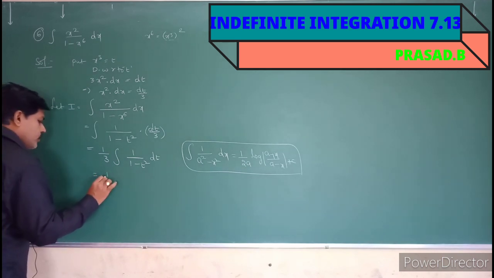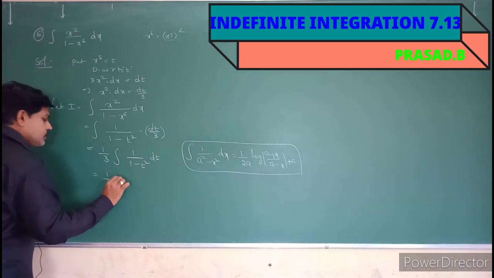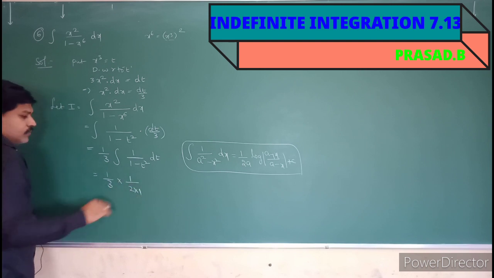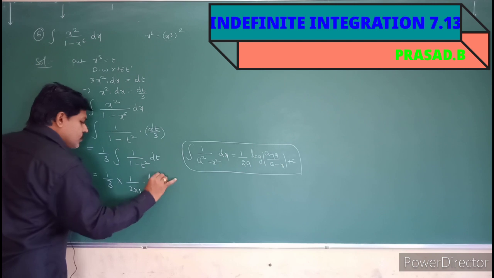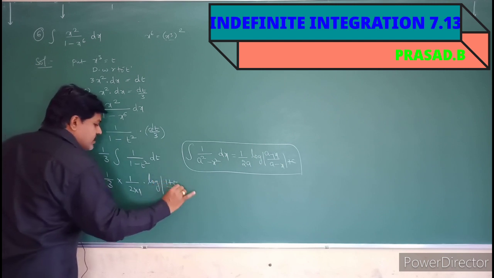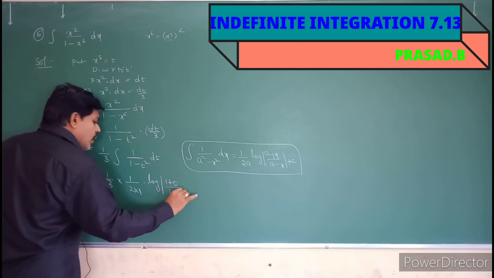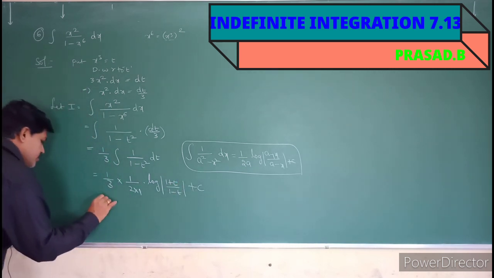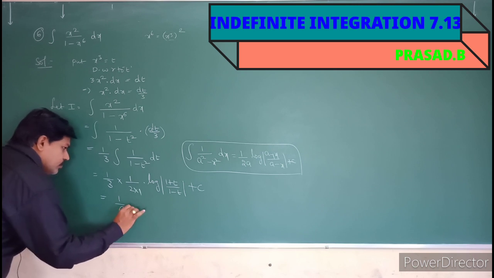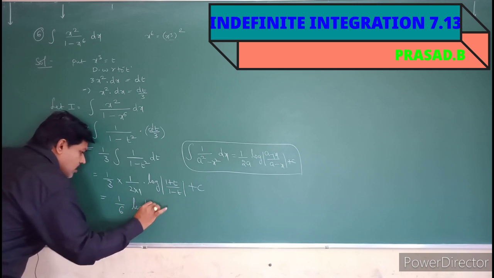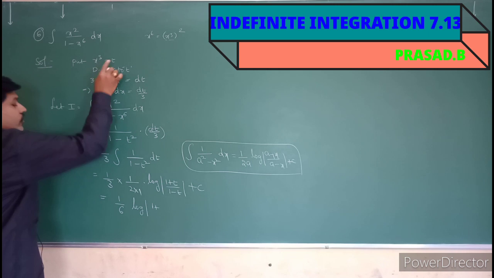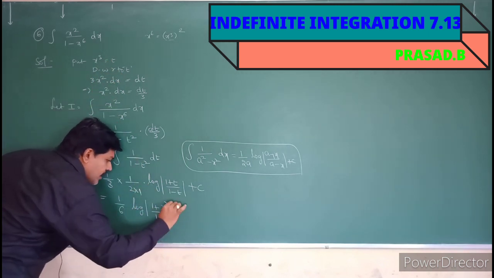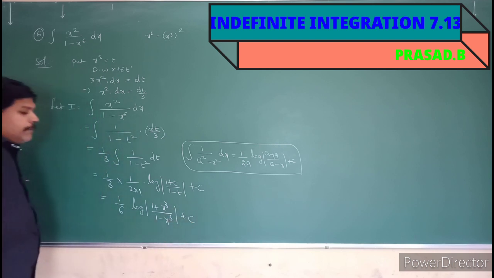That is equal to 1 by 3 into 1 by 2 into, a value is 1, into log of mod 1 plus t by 1 minus t plus c. So this is 1 by 6 into log of mod 1 plus t, where t value is x cube. So 1 plus x cube by 1 minus x cube plus c.